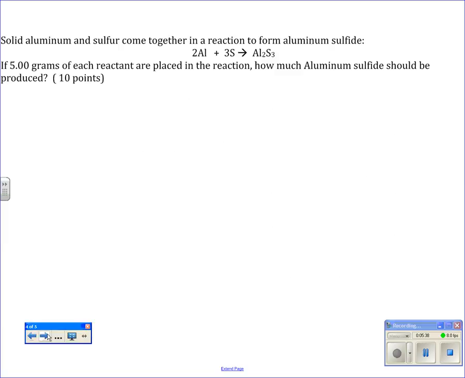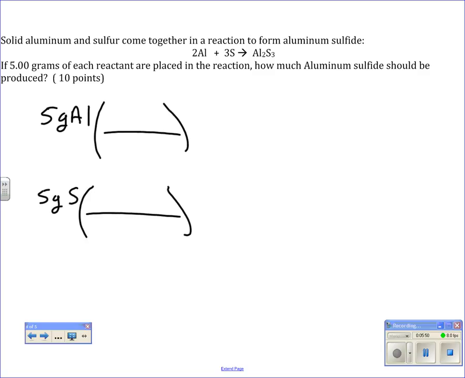On the fourth one, now I've got 5 grams of aluminum and 5 grams of sulfur. Sulfur is 32 grams in 1 mole of sulfur. Aluminum is 27 grams in 1 mole of aluminum.